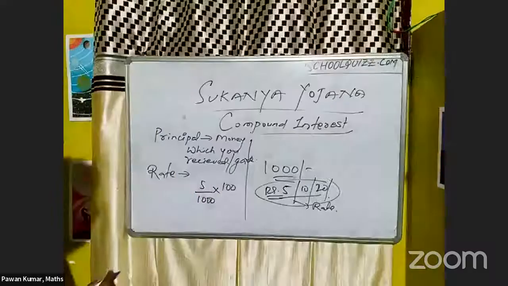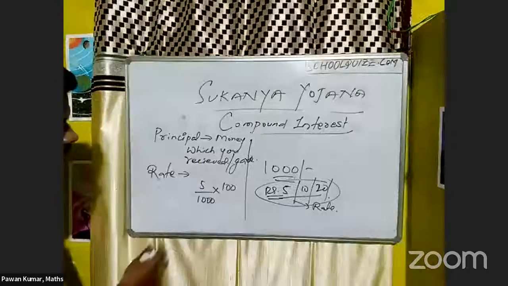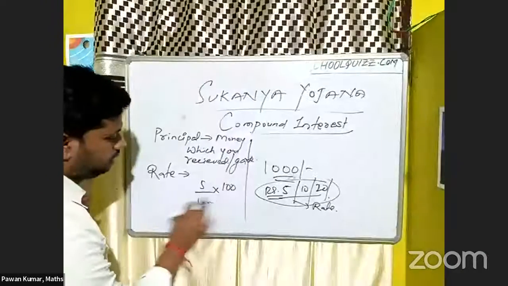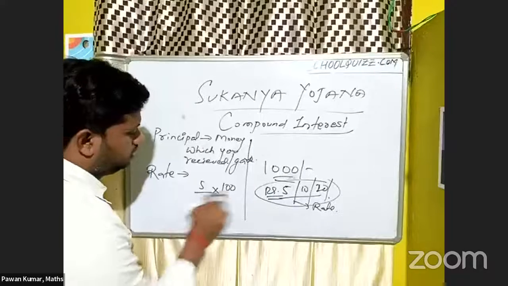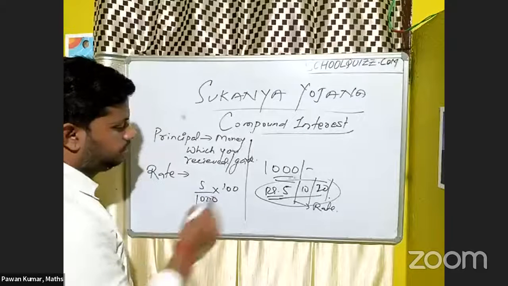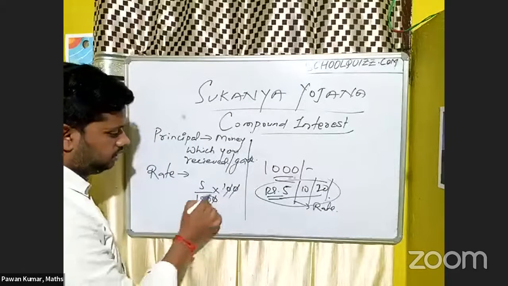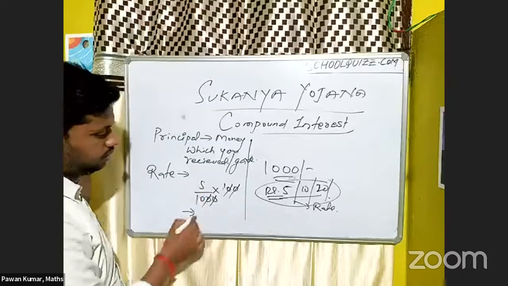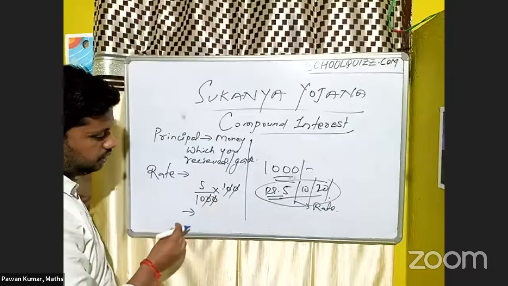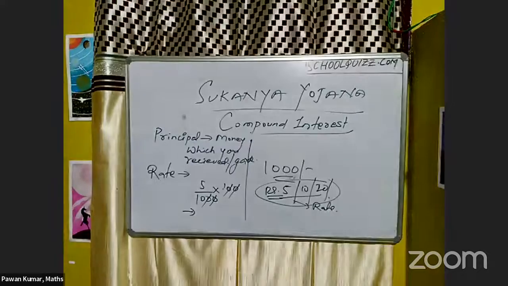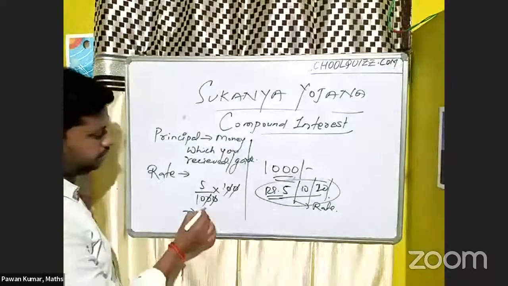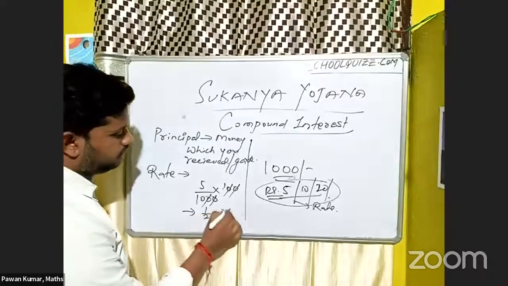So 5 rupees per 1000 is around how much? It's 0.5%. Or 2.5%.